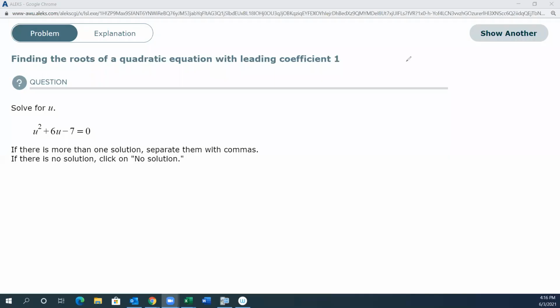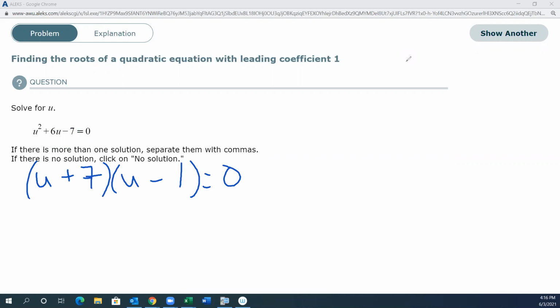Now this time we've got 3 terms. No big deal. The leading coefficient, which we call a, is 1. Therefore, I can shortcut it and say we're going to have a +7 and a -1. Those two will add up to 6 and multiply to -7.